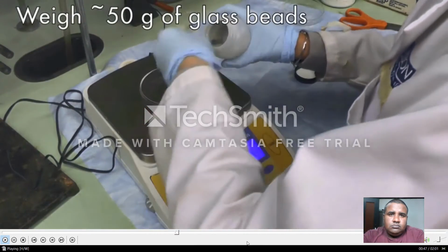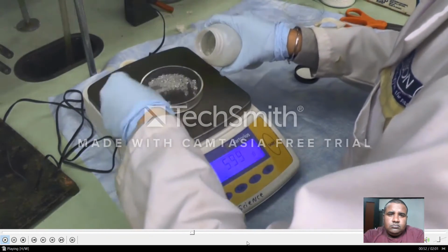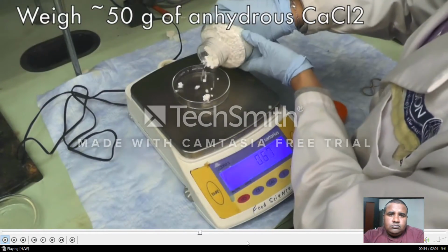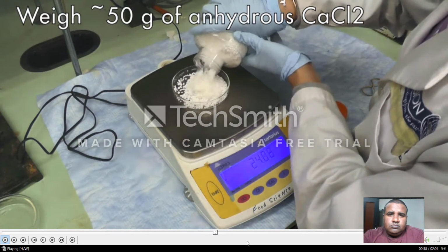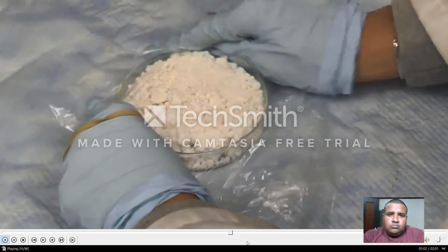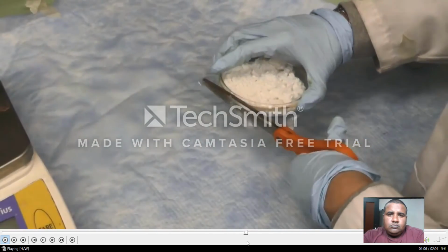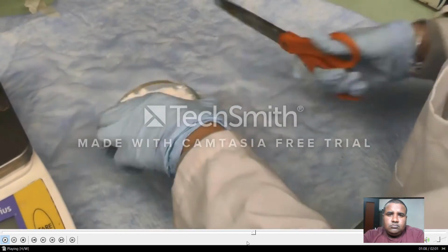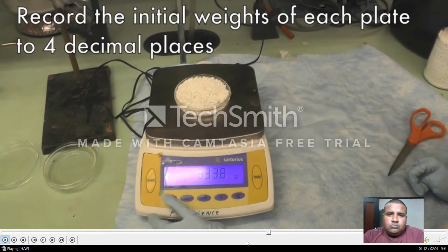Weigh around 50 grams of glass beads into the petri plates serving as the control. Weigh around 50 grams of anhydrous calcium chloride in the rest of the petri plates. Cover the petri plates with the films and secure using elastic bands. Trim off the excess films from each plate. Record the initial weight of each plate.